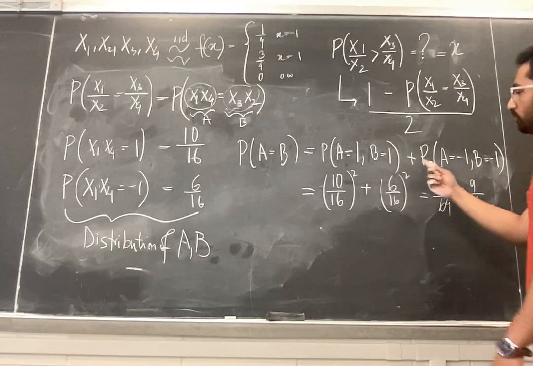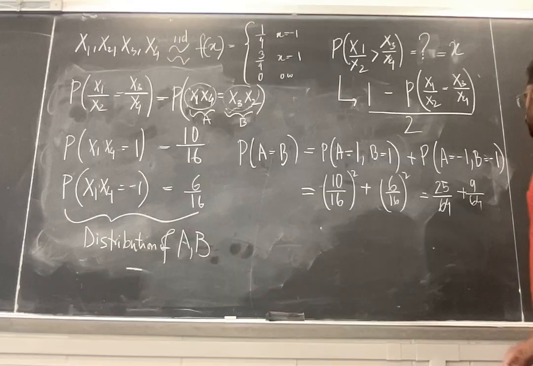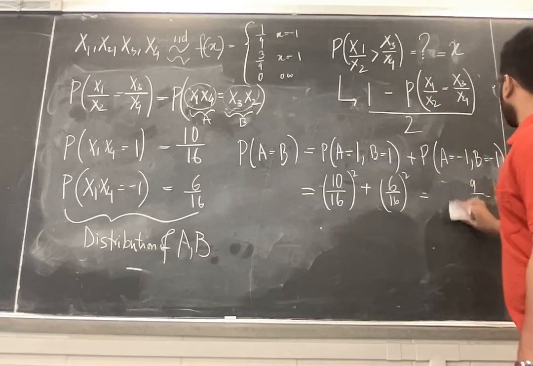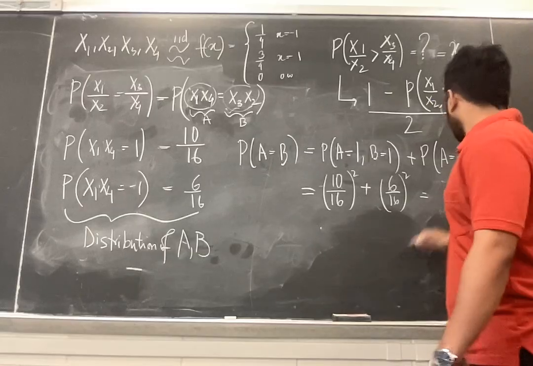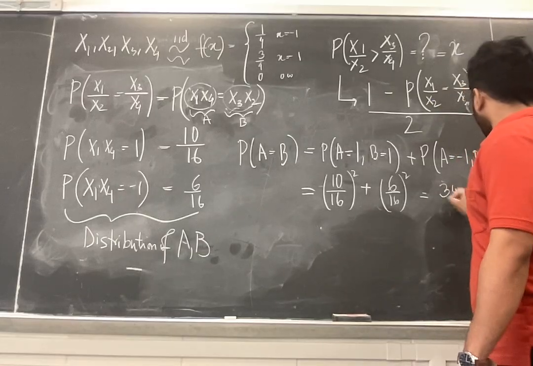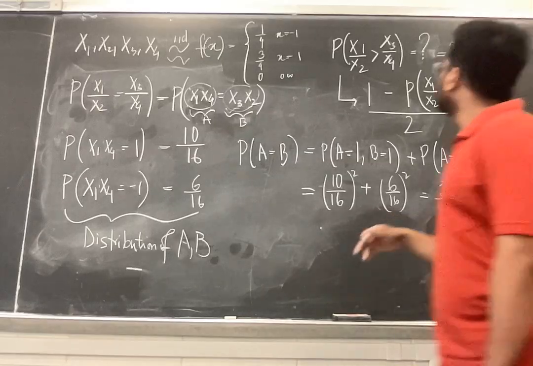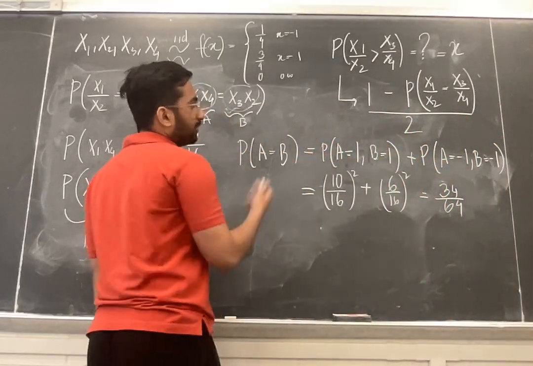The 2 will go, 4 and 16. So great. So we get 34 by 64. Great. So we have got 34 by 64. This is A equal to B essentially.